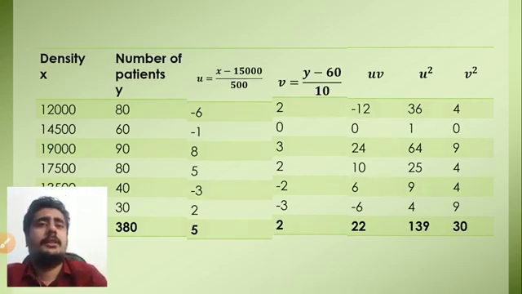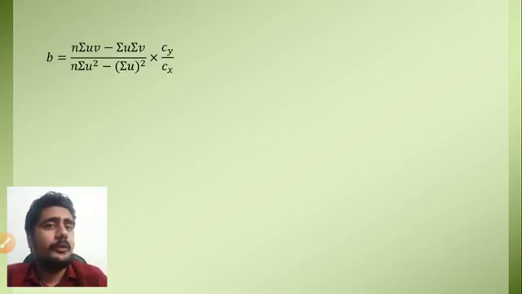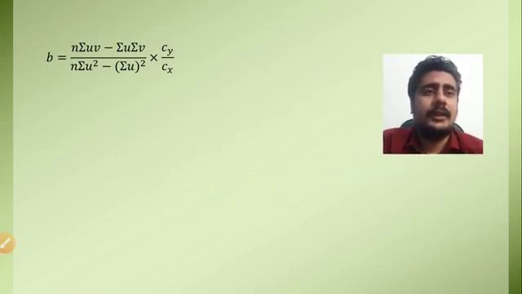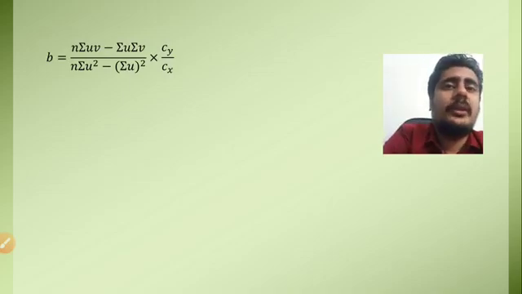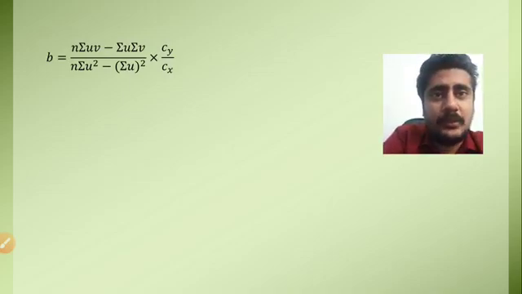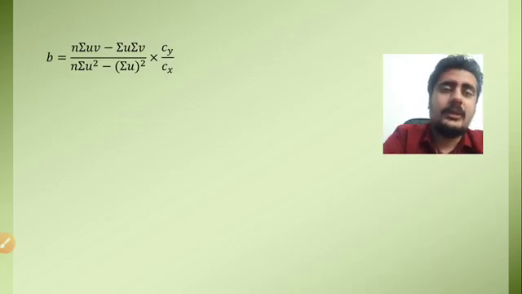Okay, now let's start. As I told you, there are 3 questions. First of all, you have to find line y on x. Okay, as you have calculated and divided some digits while forming u and v, your formula will look like this: b is equal to n sigma uv minus sigma u sigma v upon n sigma u square minus sigma u whole square into cy upon cx.